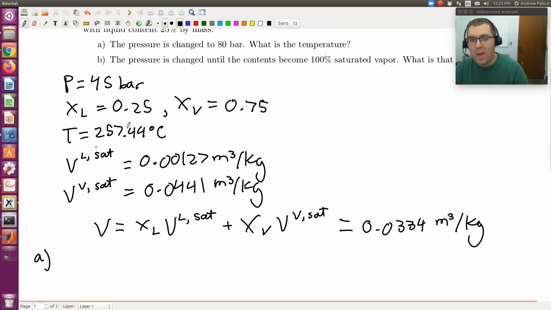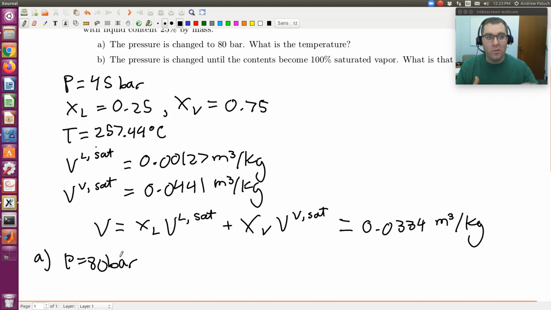So in part A, our pressure's changed to 80 bar. And we're asked, what is the temperature? Well, if I had a system at vapor-liquid coexistence, then specifying the pressure of 80 bar would be enough to pin down the state of my system, since I have just 1 degree of freedom. But here I don't know what the state of my system is.